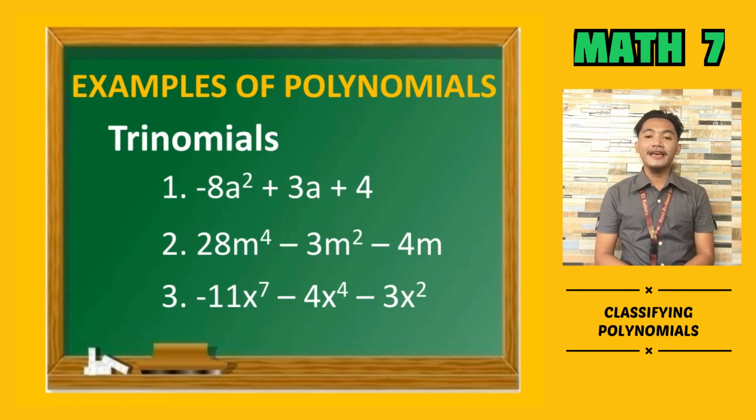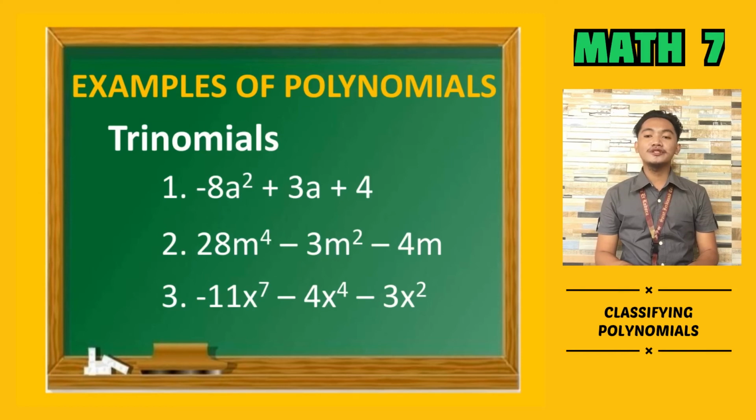For negative 8a squared plus 3a plus 4, there are 2 plus signs that separate the terms negative 8a squared, 3a, and 4. For 28m raised to 4 less 3m squared minus 4m, there are 2 minus signs that separate the terms 28m raised to 4, 3m squared, and 4m.